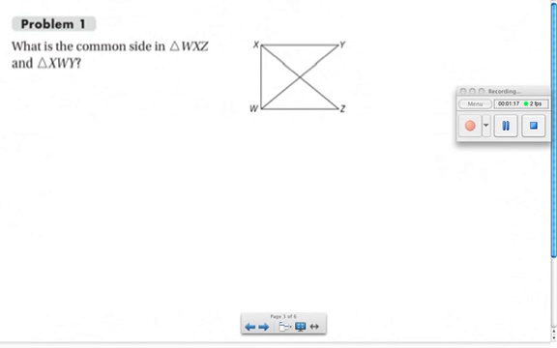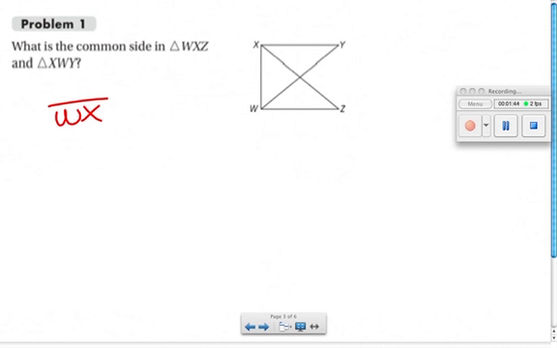X and W. So if those are the two letters they have in common, and the question is asking what is the common side, without even looking at the diagram, what educated guess can you make about what side they overlap at? WX, yes. Absolutely.